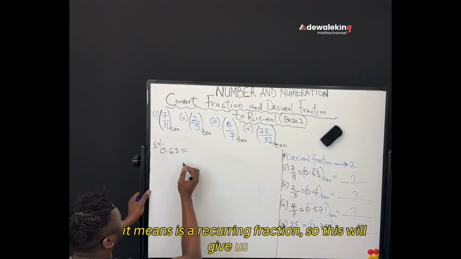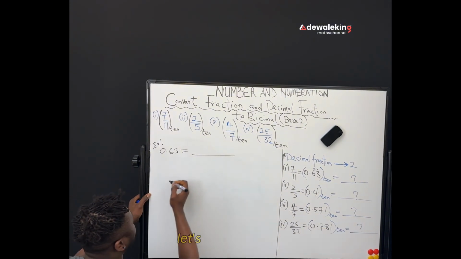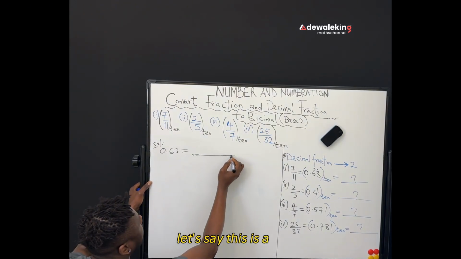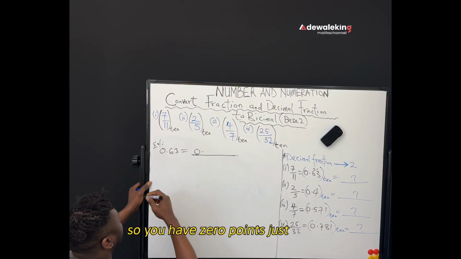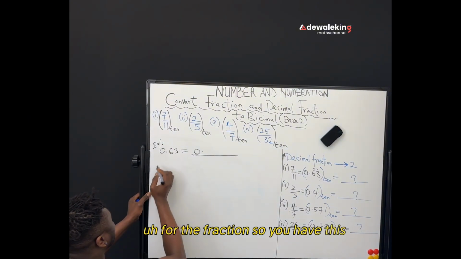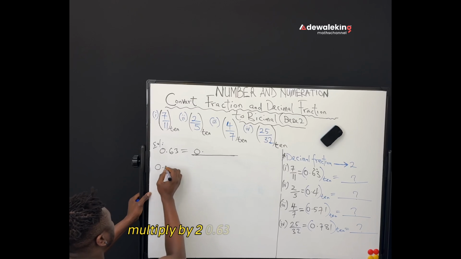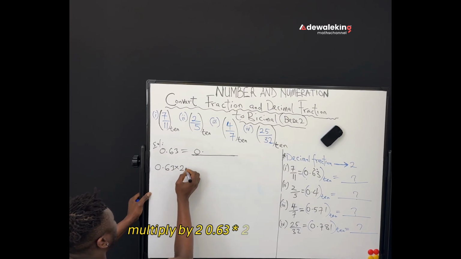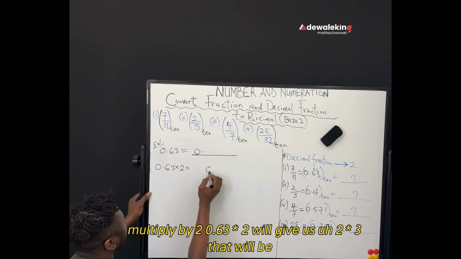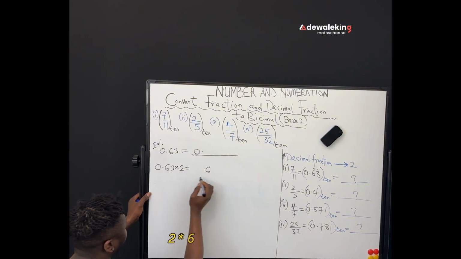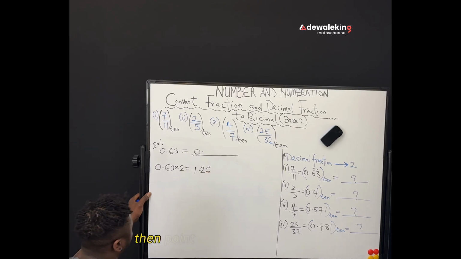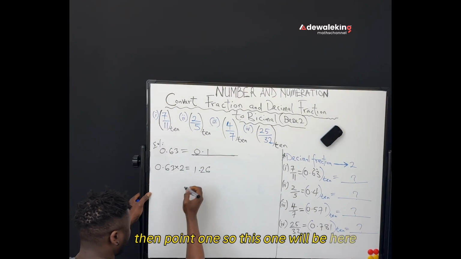So you have 0 point, just like the way we did for the fraction. You have this number multiplied by 2. 0.63 times 2: 2 times 3 is 6, 2 times 6 is 12. So you write 2, then 0.1. So this 1 will be here.